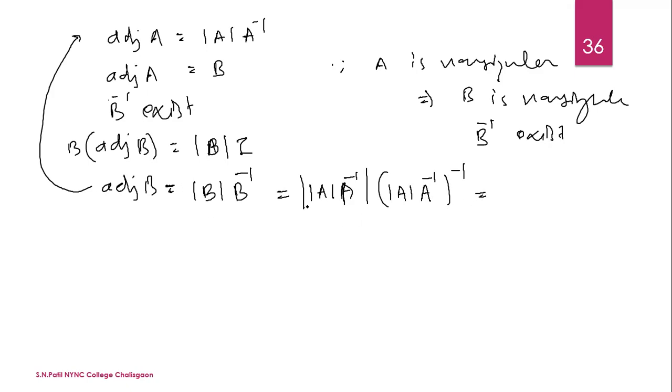The value of this adjoint of B is equal to, now here, determinant of A can be written as determinant A raised to n, and this is A raised to minus 1.